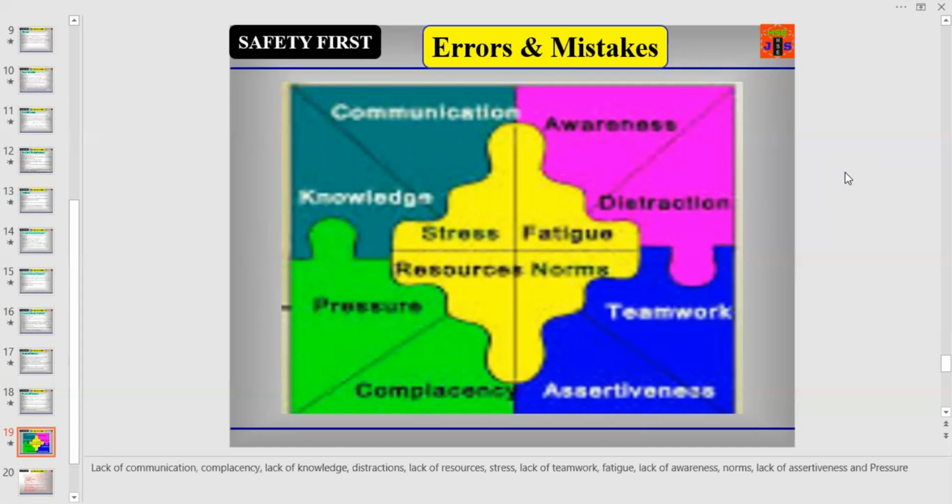Number six, stress. Number seven, lack of teamwork. Number eight, fatigue. Number nine, lack of awareness. Number 10, norms. Number 11, lack of assertiveness. And number 12, pressure.